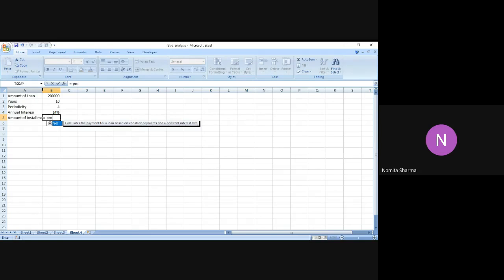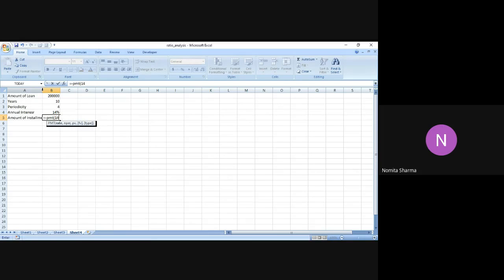So I say minus PMT, and the moment I say PMT, the format of this function will come, where the first component I have to write is the rate, which in this case is 14%. But please remember, this is the rate that we have to use on a quarterly basis. So we say 14% divided by the periodicity, which is 4.